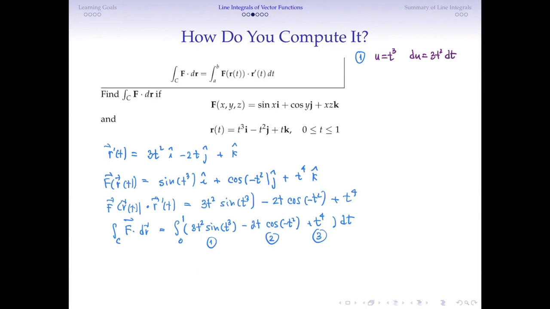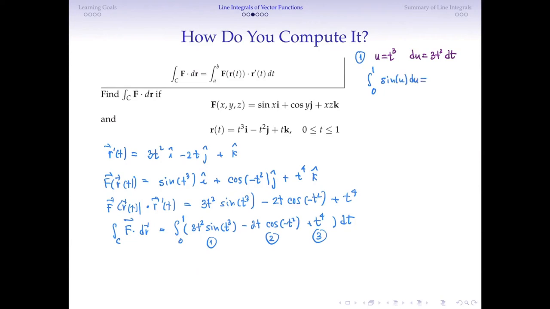Making the substitution both in the integrand and in the limits, I see that the first integral is just the integral from 0 to 1, 0 cubed is 0, 1 cubed is 1, of sine of u du.